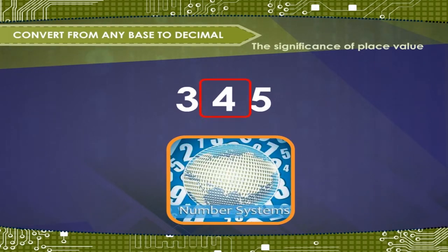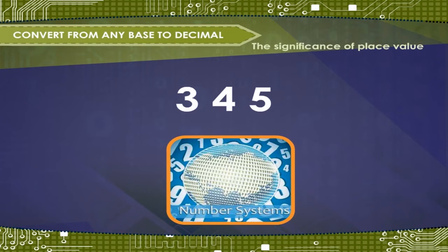Similarly, the 4 in the tens column represents the value 4 × 10^1, or 40, and 5 is the least significant digit and carries the weight of 10^0, which is 1. So, it has the value of 5 × 10^0, equal to 5.